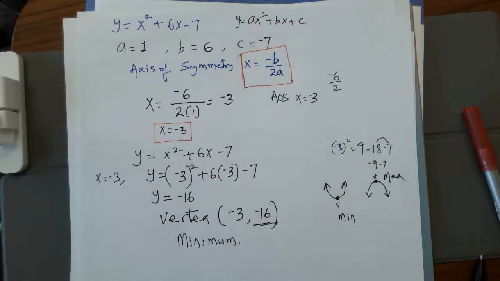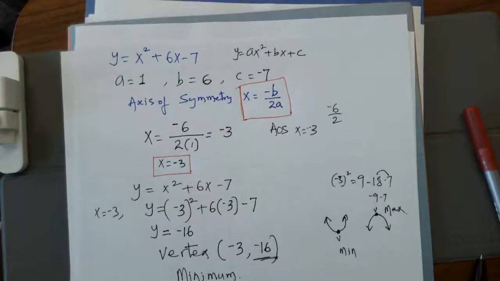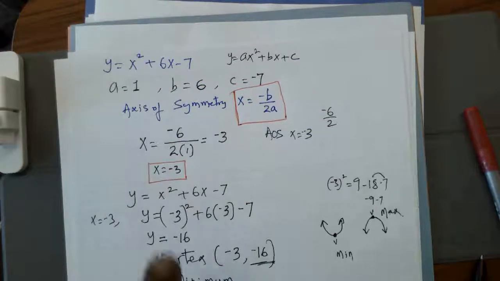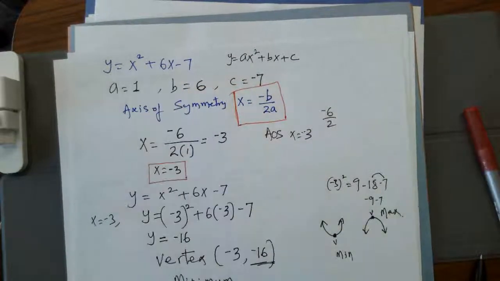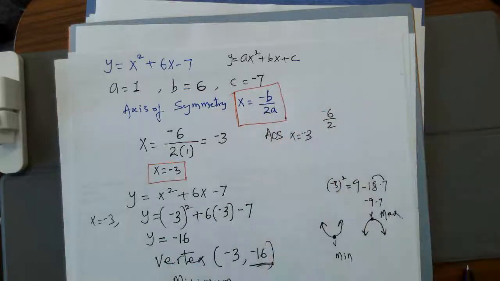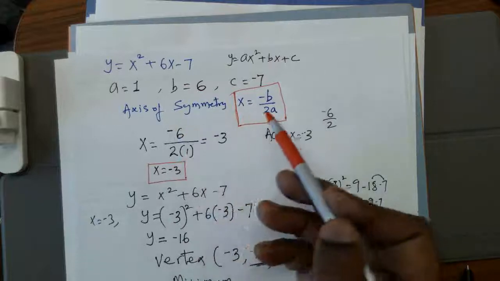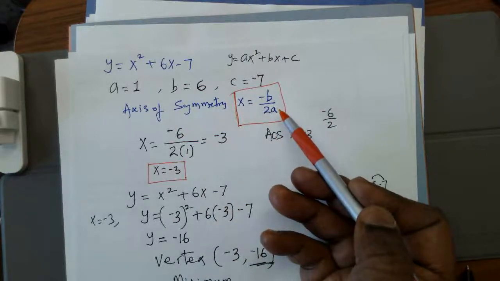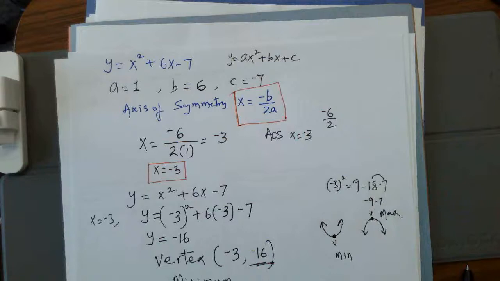Everything is fine? Okay, so let's go back and make sure we got it right. Given a quadratic equation, identify A, B, and C. Now, axis of symmetry formula, negative b over 2a. You can also remember it as opposite b over twice a.